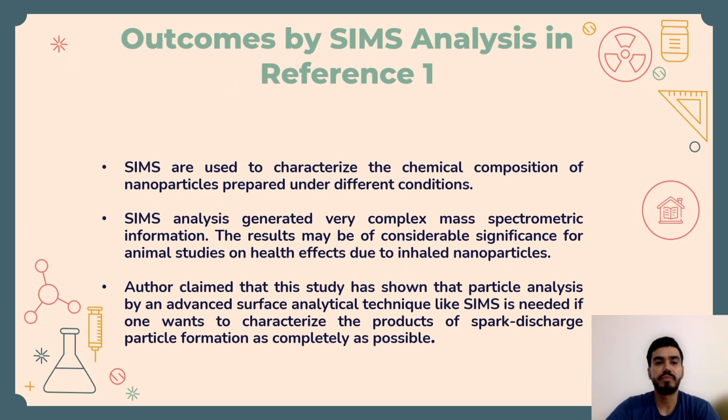Finally, the outcome of the SIMS analysis is that SIMS is used to characterize the chemical composition of nanoparticles prepared under different conditions. Also, SIMS analysis generated very complex mass spectrometric information. The result may be considered significant for animal studies on health effects due to inhaled nanoparticles. Also, the authors claimed that the study has shown that particle analysis by an advanced surface analytical technique like SIMS is needed if one wants to characterize the product of spark discharge particle formation as completely as possible.